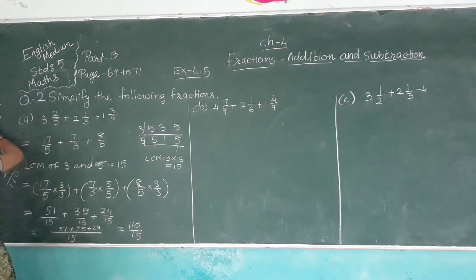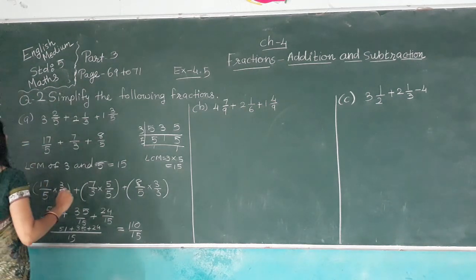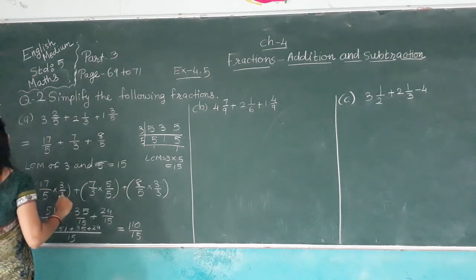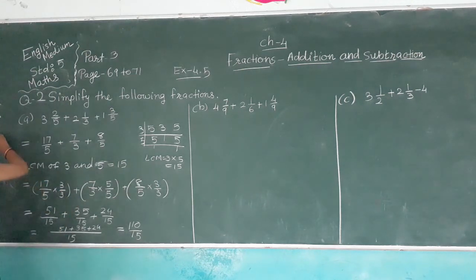110 divided by 15. 110 divided by 15, 15 sevens are 105.